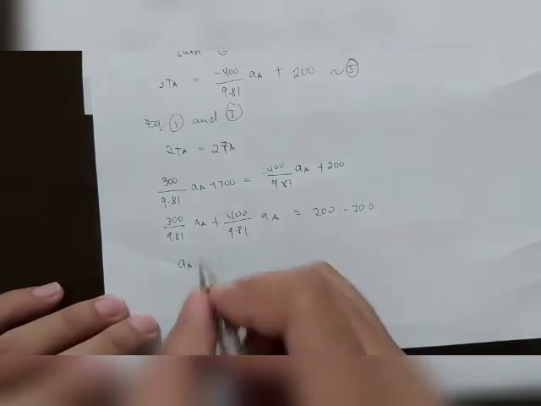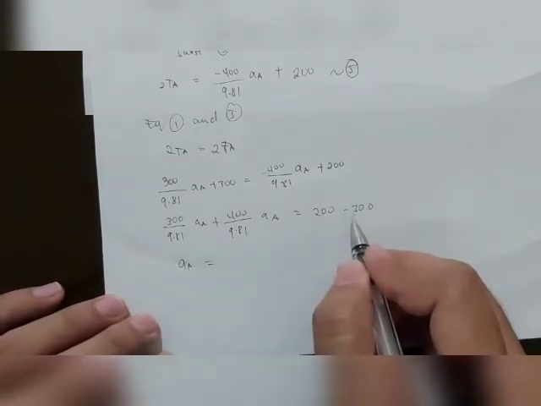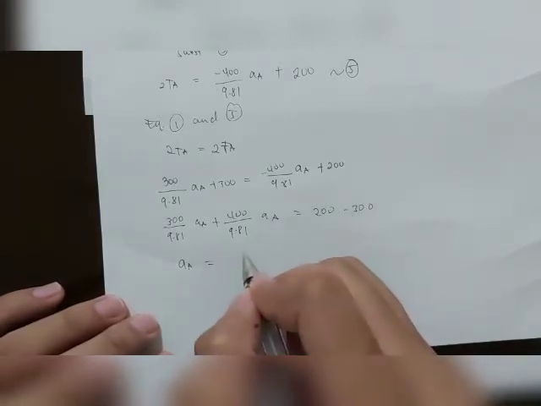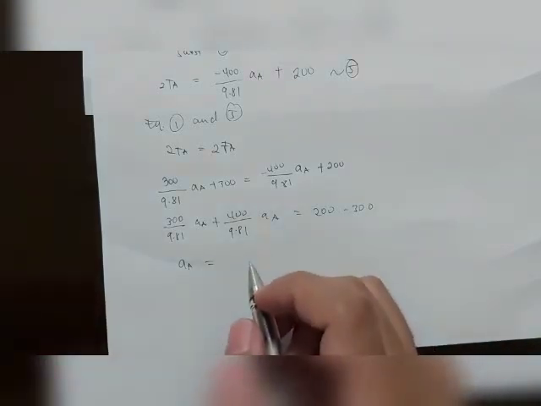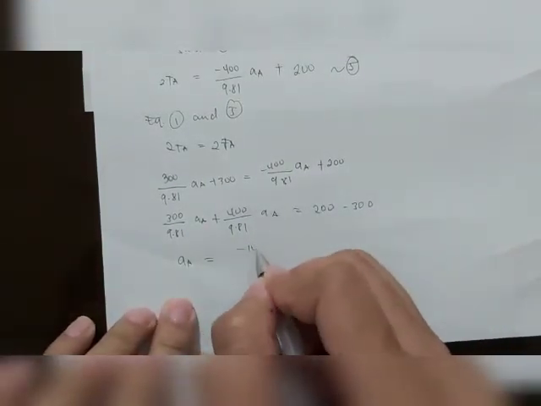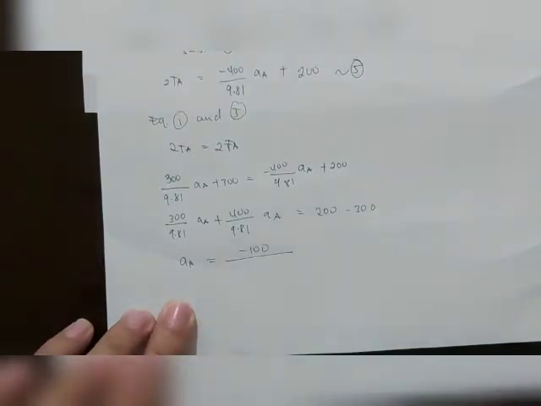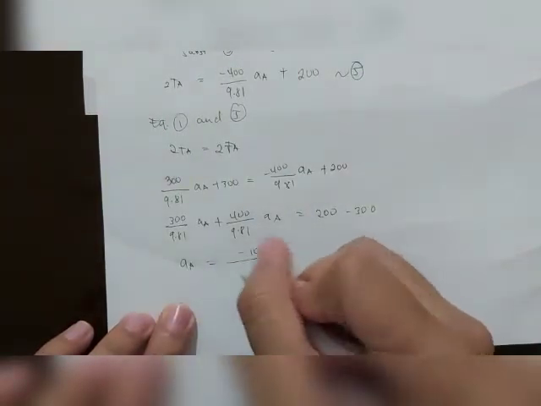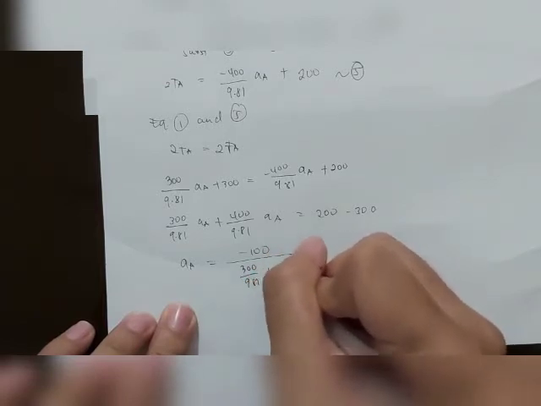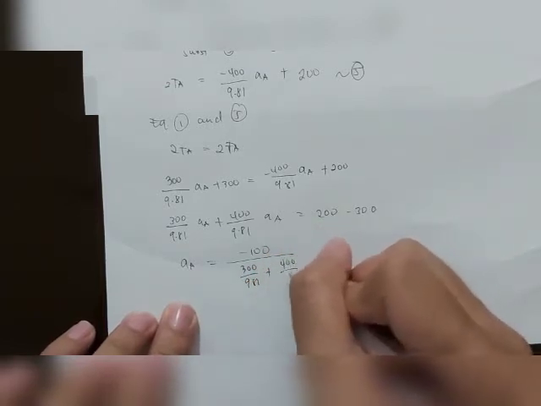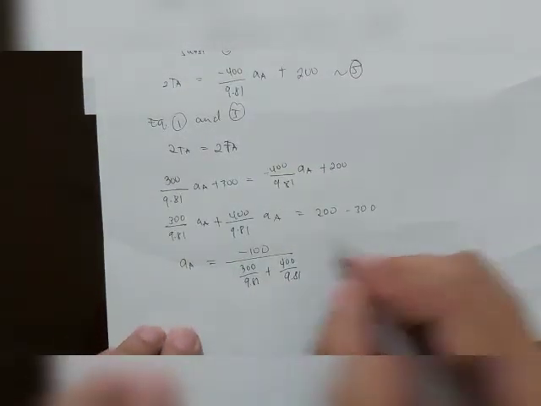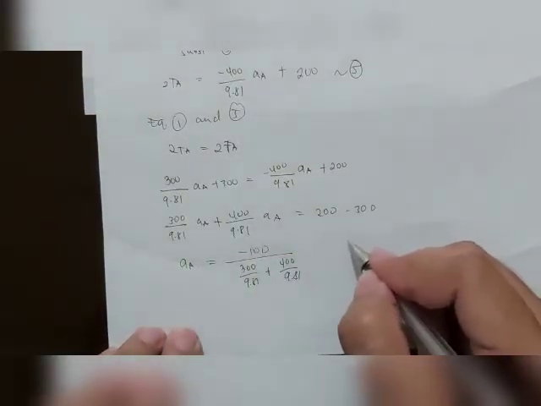So, solving for acceleration A, we have acceleration A will be equal to negative 100 all over, so yung term na to, 300 all over 9.81 plus 400 over 9.81. So, paano nangyari to? Ganito lang yan. Pinagsama natin term na to.